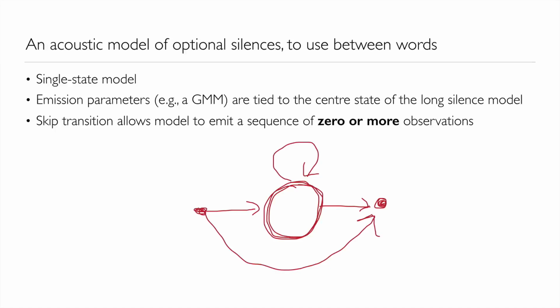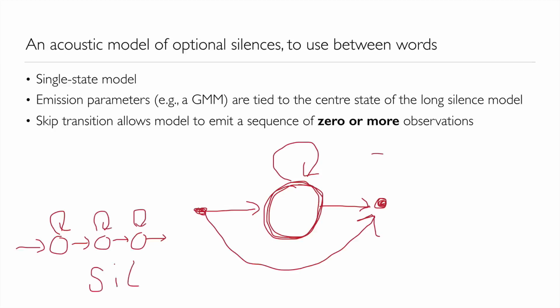Now, it's not obvious how to train this model because we don't know where these optional silences are. But what we do know is that there's silence at the beginning and the end of the sentence, and we're going to have a long silence model to deal with those. So we're always going to have our traditional, perhaps three-state silence model. This three-state silence model, we'll typically call it silence or something like that.